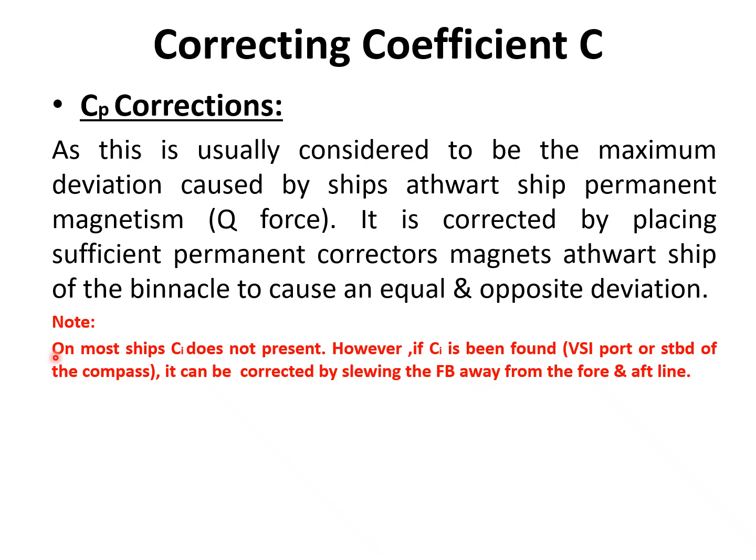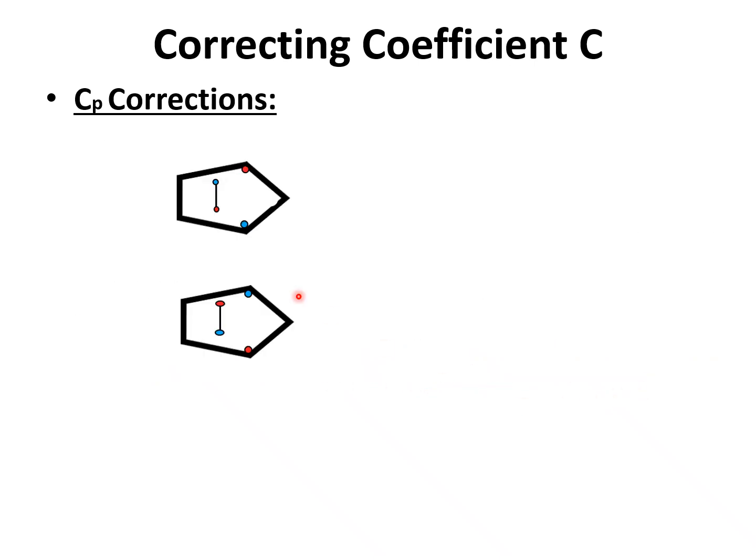We know that C induced will not be present in the conventional ship. However, if there is any C induced, it can be corrected by swinging the Flinders bar away from the fore and aft line, right?